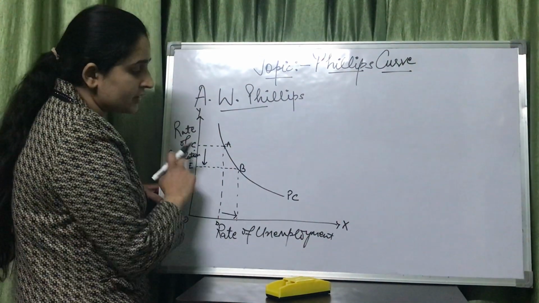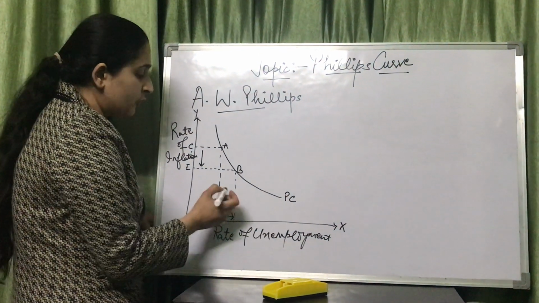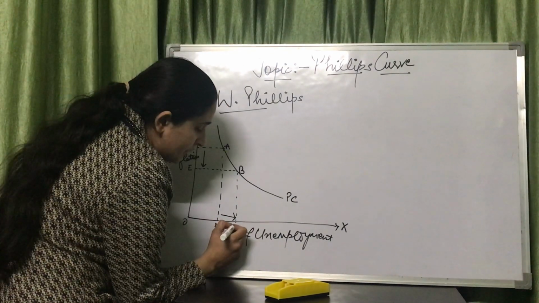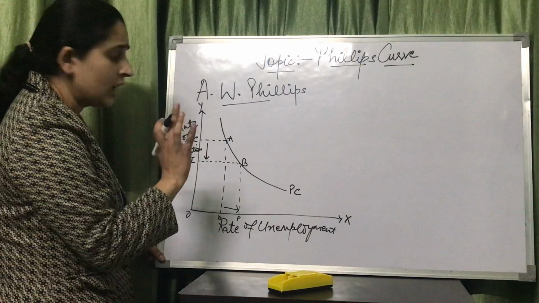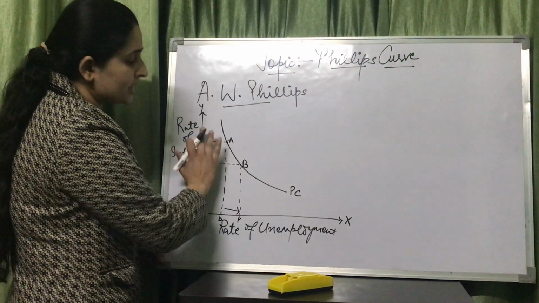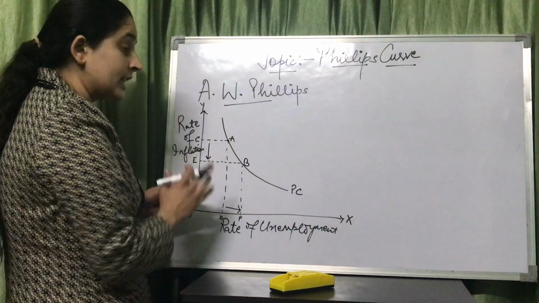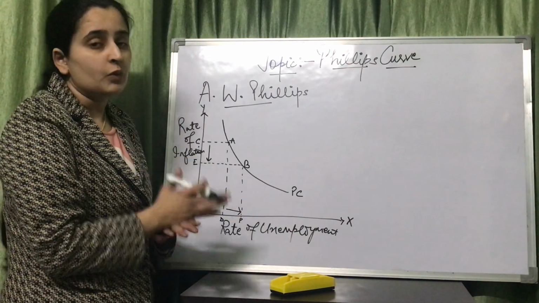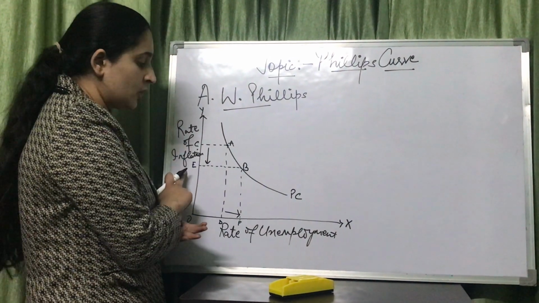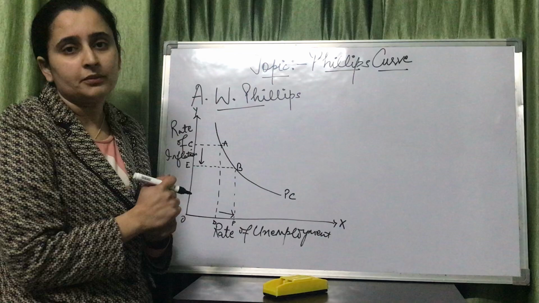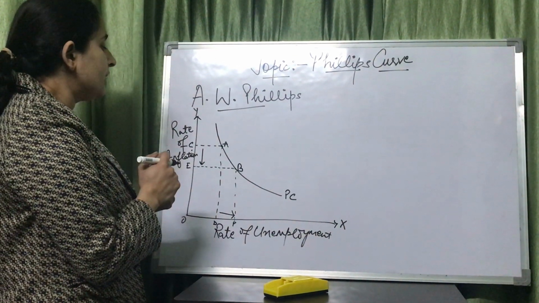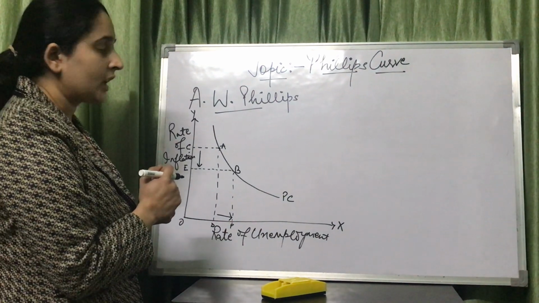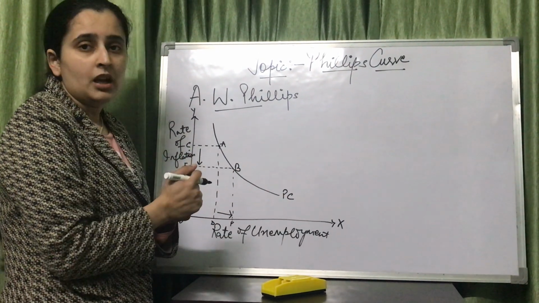Whatever point you take, you will come to know that this is the Phillips curve: there is an inverse relation between inflation on one hand and unemployment on the other.